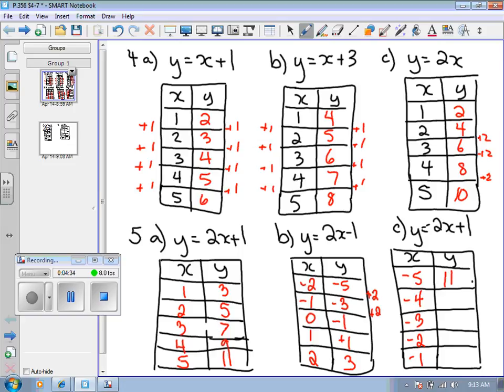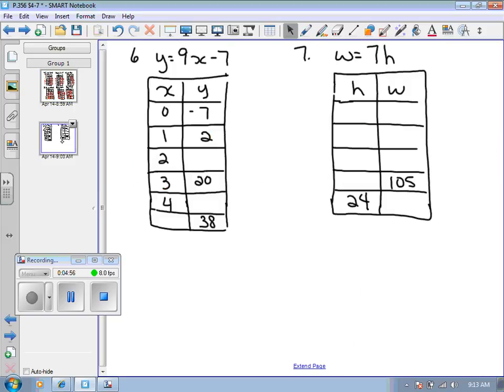Negative 2 times negative 4 plus 1. Negative 3 times negative 2, 6 plus 1. Good. So we're decreasing by 2 each time. What's the next number going to be? 5. And the last number? 3. There we go.